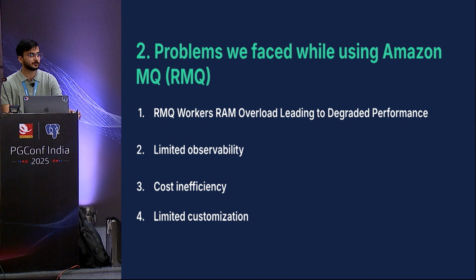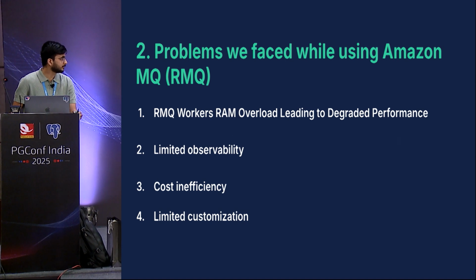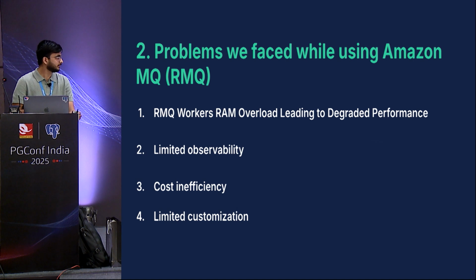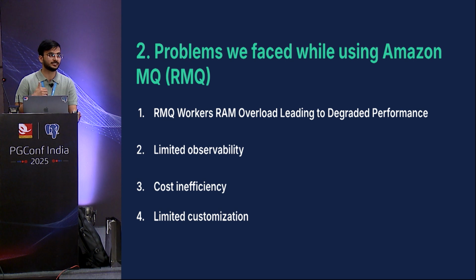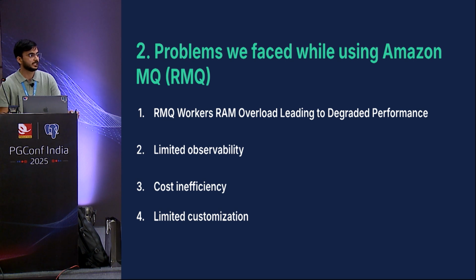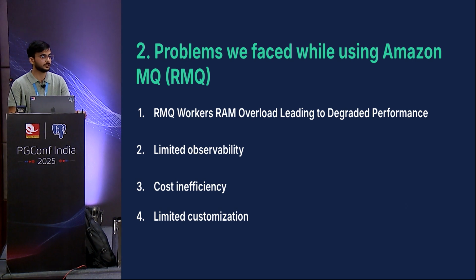We also tried to debug the issue, but after some time it started occurring multiple times. We even increased the cluster size of the RMQ nodes, and even after that it was not fixed. So that's why we thought we should use something else.